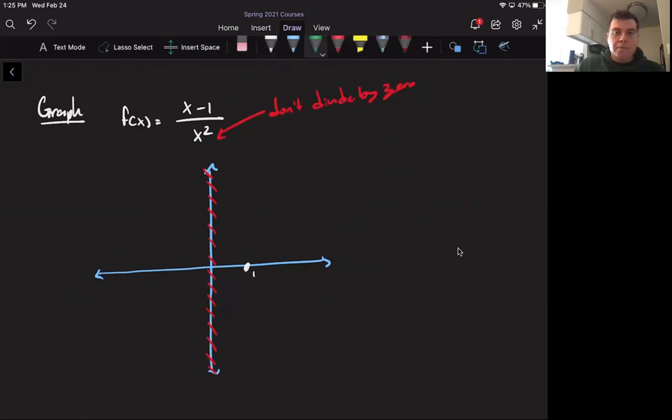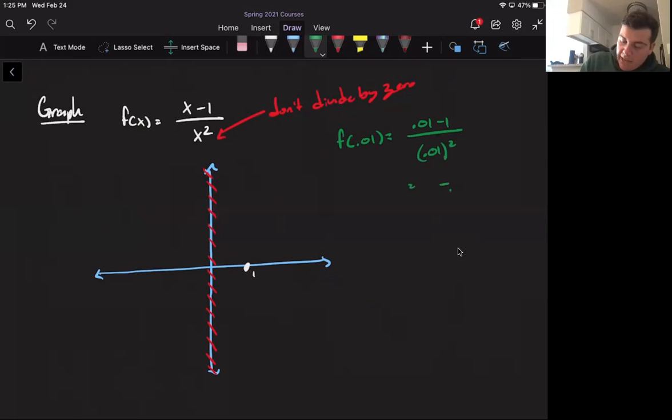Okay, the next thing we need to do is figure out what our graph looks like. We see that when we're dividing by a number close to 0, our function should be really large. Because if we take, say, f of 0.01, a number that's pretty close to 0, we get 0.01 minus 1, divided by 0.01 squared.